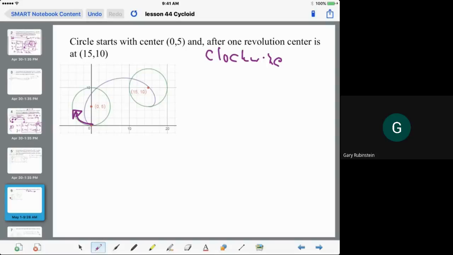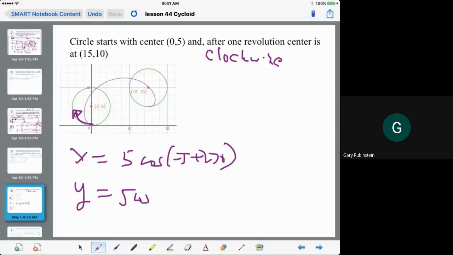So this has X and Y. And at the heart of it is something like negative t plus 270, and 5 cosine negative t, 5 sine negative t plus 270.